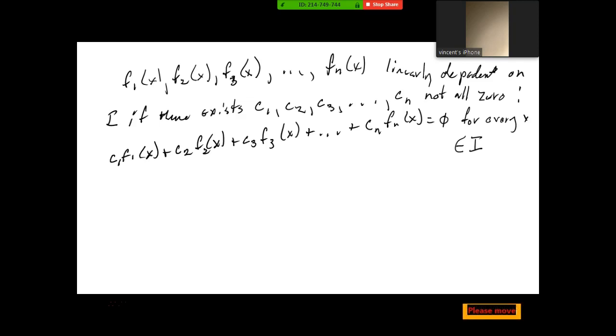Because if that's equal to 0, pick out any one of those functions whose c is not 0, subtract it from both sides, and you'll see that that one function can be written as some linear combination of all the others. That means that one function is linearly dependent on the others. So that's linear dependence.